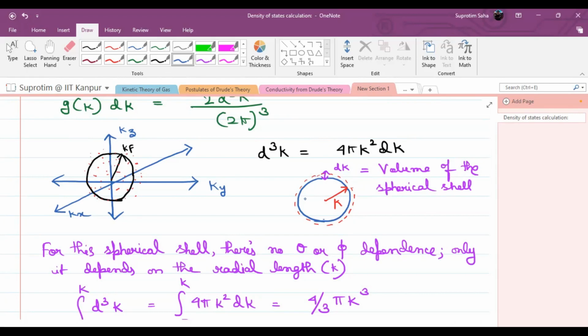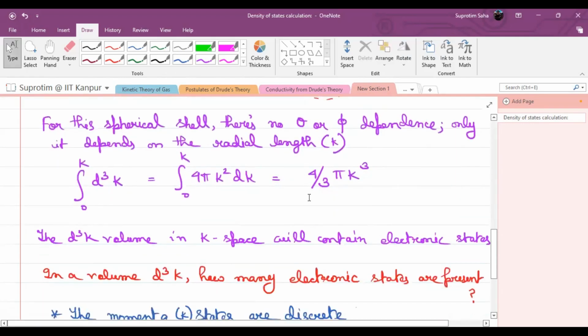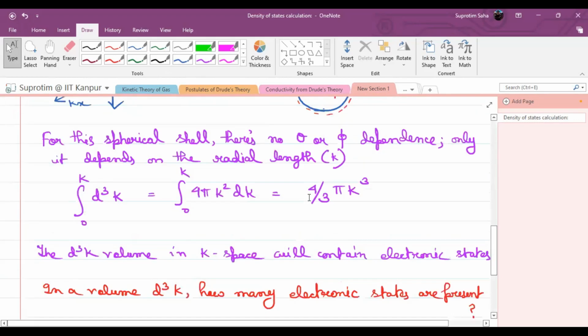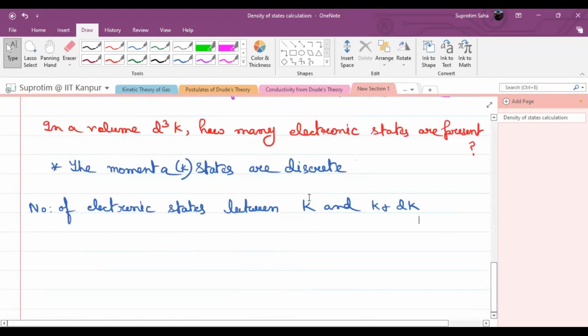So the outer sphere has a radius k plus dk and the inner sphere has a radius of k. The spherical shell is the volume between the sphere with radius k plus dk and the sphere with radius k. That is the definition of a spherical shell. So the number of electronic states in the volume d cubed k.